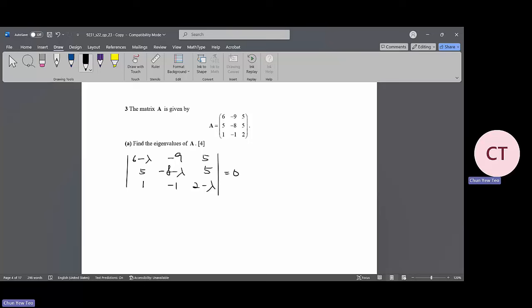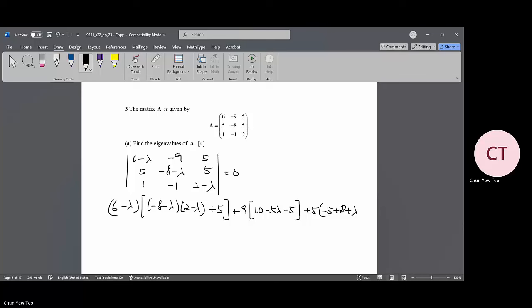Equal to 0. So 6 minus lambda, negative 8 minus lambda, 2 minus lambda, plus 5 times 10 minus 5 lambda minus 5, plus 5 times negative 5 plus 8 plus lambda, equal to 0. So we just keep expanding. You get 6 minus lambda, and this one will give you lambda squared plus 6 lambda minus 11.